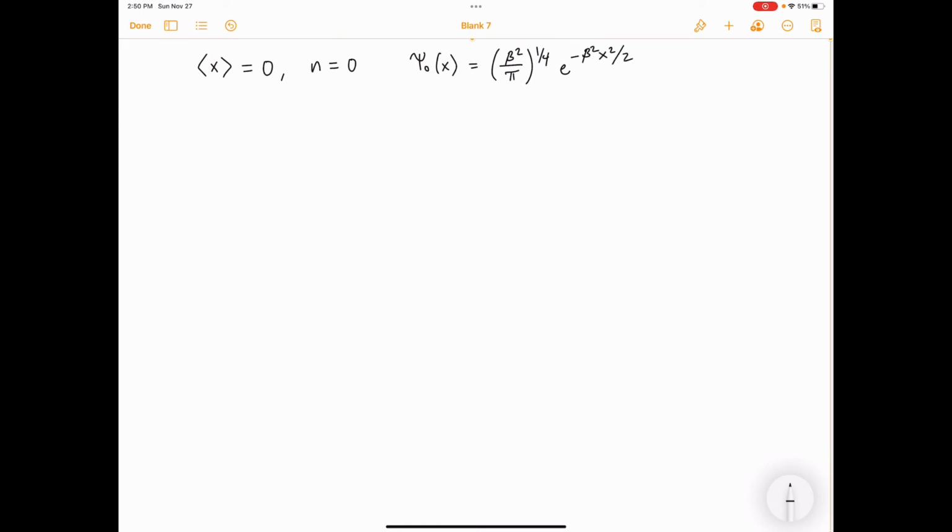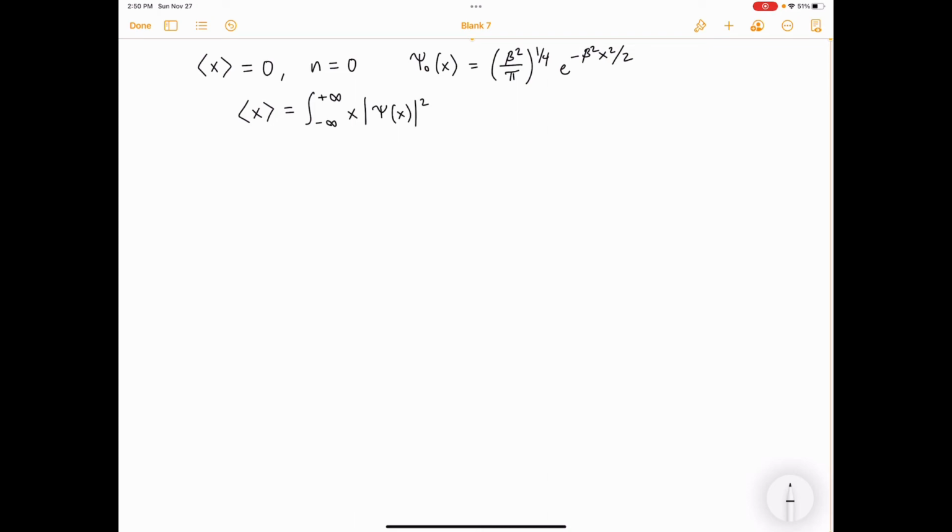That's just our wave function. And then remember, we can calculate an expectation value based on the wave function. So the expectation value for x is the integral from minus infinity to positive infinity of x times the magnitude of psi of x, squared.